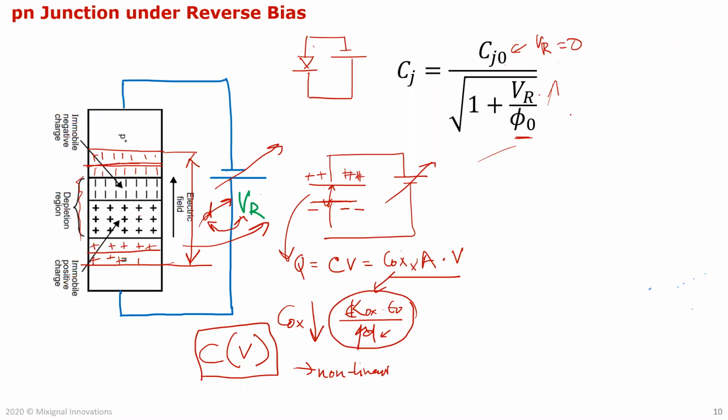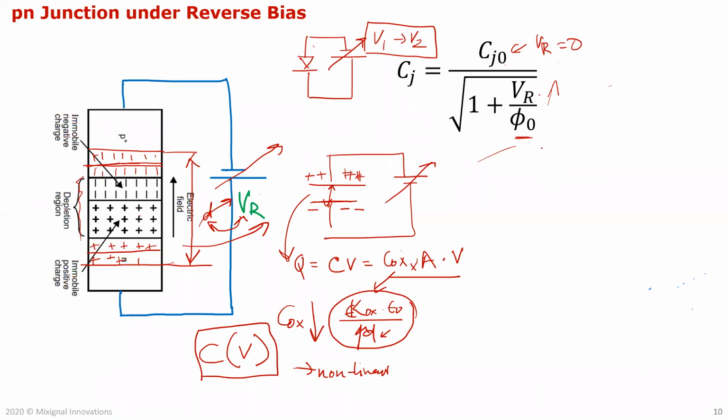Since it's voltage dependent, for example, I take this and vary the voltage from some V1 to V2. Since the capacitor is going to vary, the simulator simulates this exactly using this equation. But when you're doing hand calculations, it is easier to have some rules of thumb.